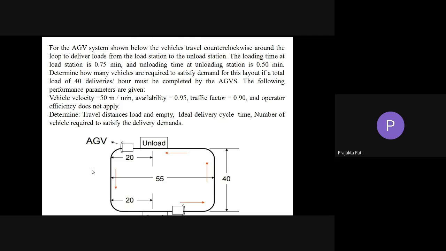For the AGV system shown below, the vehicle travels counterclockwise around the loop to deliver loads from the load station to the unload station. The loading time at the load station is 0.75 minutes. So what is this loading time? It is TL.